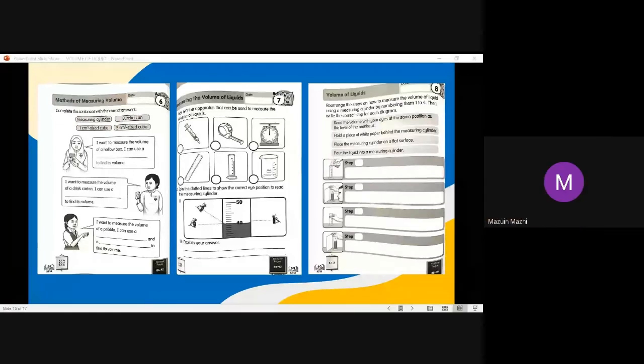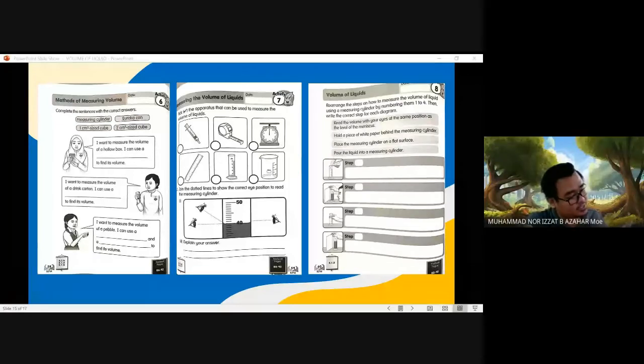Yeah, it's not part of the syllabus. The inset we will discuss when we go to school. You can bring the inset to school.